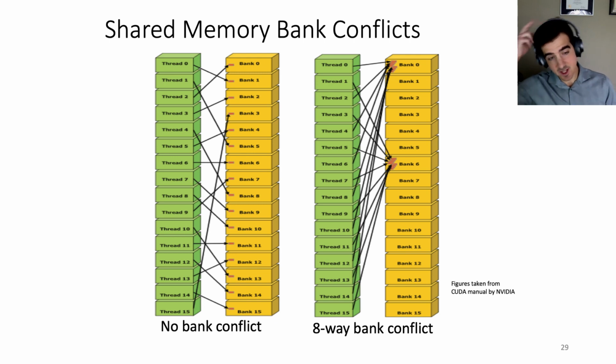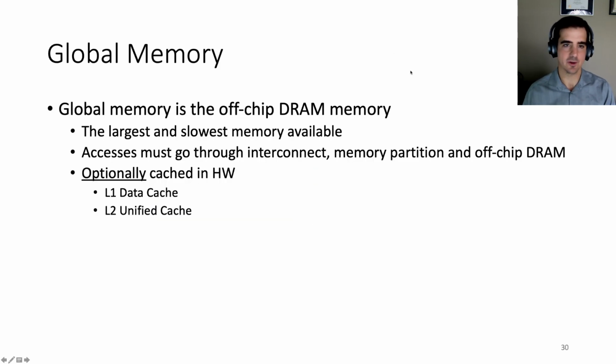If you're accessing the same memory location in the same bank, it's going to broadcast that back. But if it's a different memory location, then it can only read out one per cycle. In this case, we have no bank conflicts, right? Because every thread is going to a different bank. And in this case, we do have bank conflicts because different threads are going to the same bank for a different location.